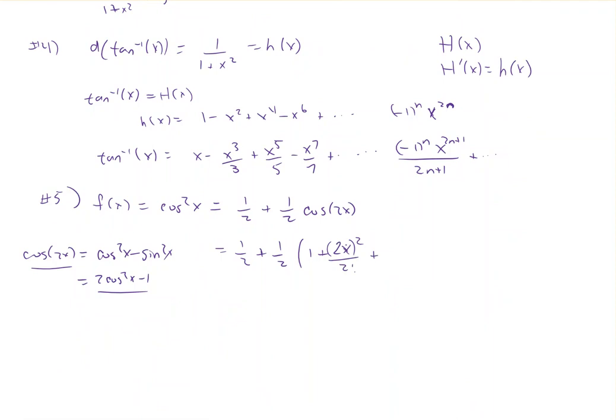That should have been a minus. Now we have a plus 2x to the 4th over 4 factorial minus 2x to the 6th over 6 factorial. And this keeps on going up. And we can just call this 2x to the 2n over 2n factorial. I think that's what we called it, right?